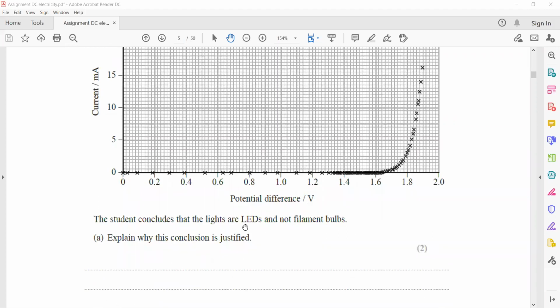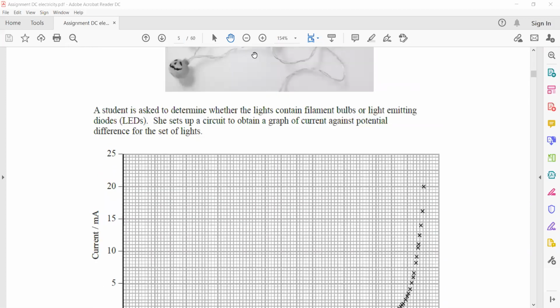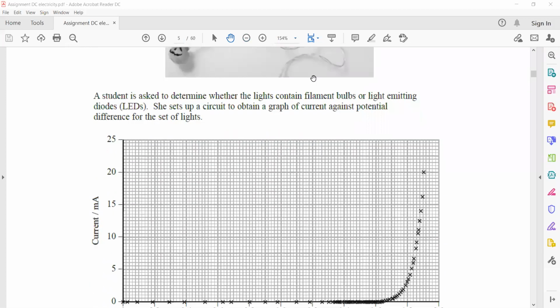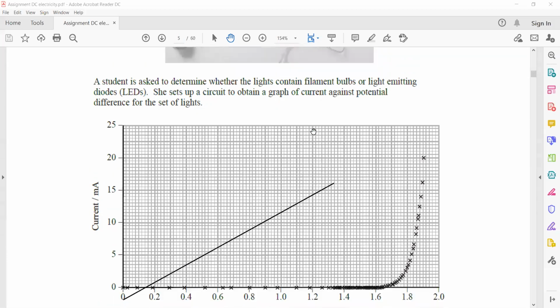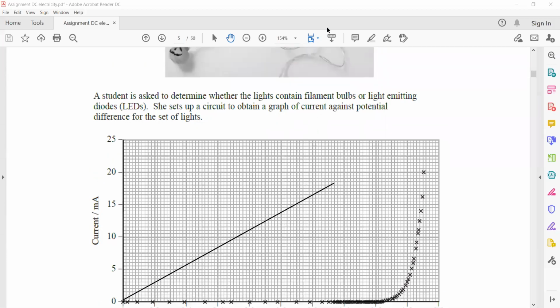Explain why, or how you justify this. A filament bulb can work with a very small voltage; conduction will be there. But LEDs, light emitting diodes, are semiconductors, and they will start to work at a specific voltage. Before that, they are not working.